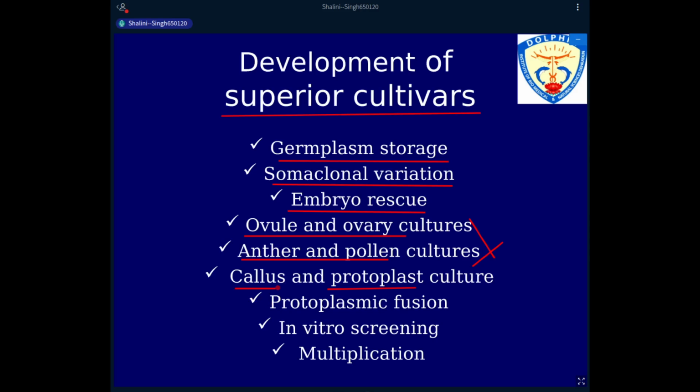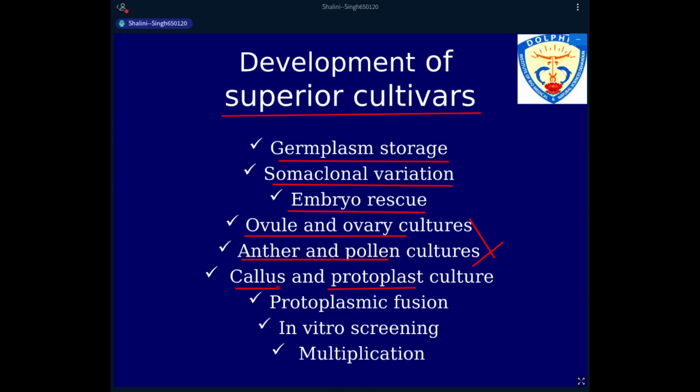There is very rapid cell division that is initiated in the cells of the explant, and those cells are just dividing. That's why I am saying actively dividing cells, and they are forming a non-differentiated cell mass that is known as callus. And from the cells of the callus, you can isolate protoplast, which can be cultured also.